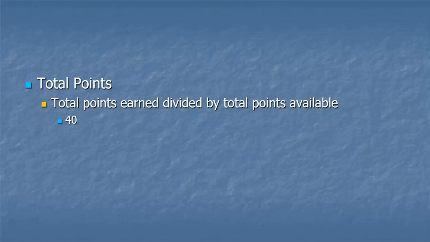So let's say you earned 40 points, but it was worth 50 points. So what is that grade? Well, you take the 40 divided by 50, and you're going to come up with 0.8 or 80%. Remember, to change a decimal to a percentage, you multiply it by 100.